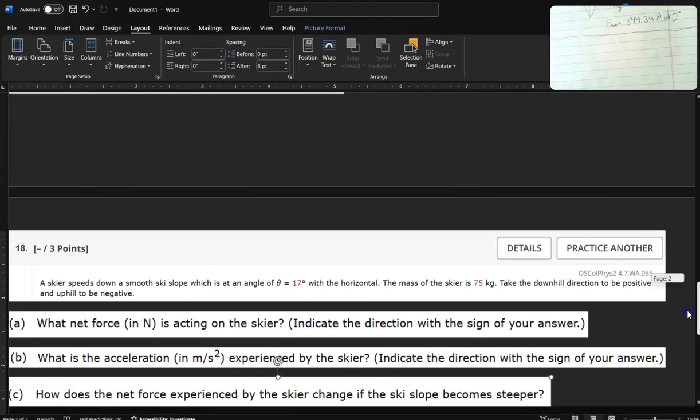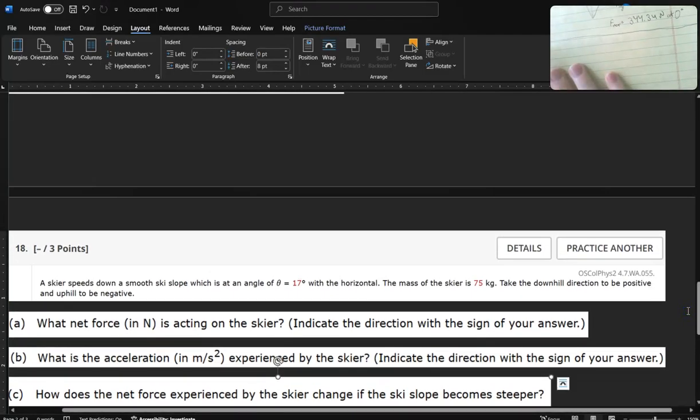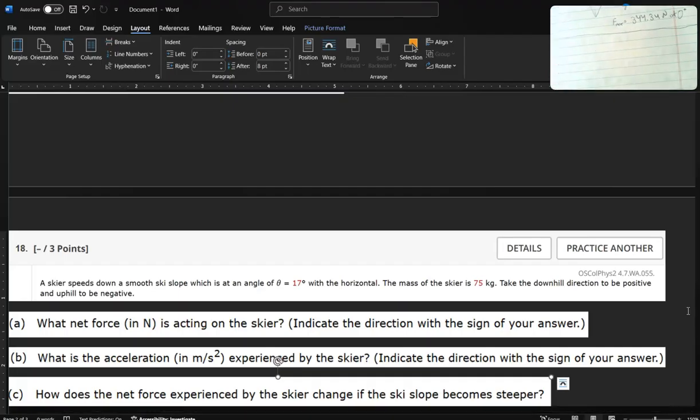All right. So the last one you had for this batch here is a skier speeds down a smooth ski slope. Say that 5 times fast. All right. A skier speeds down a smooth ski slope, which is set at an angle of 17 degrees with the horizontal.